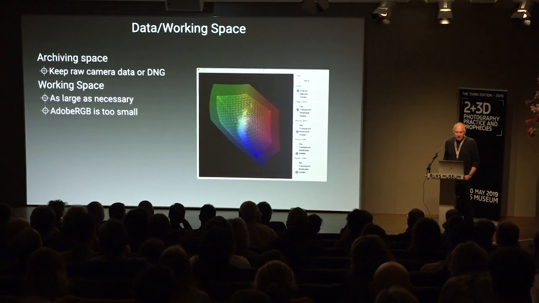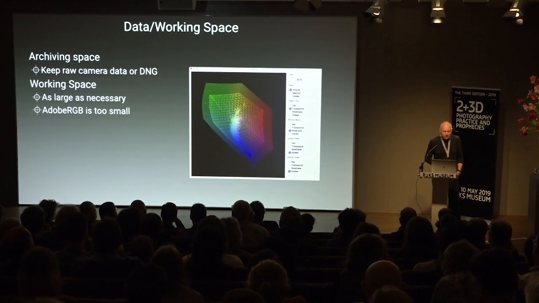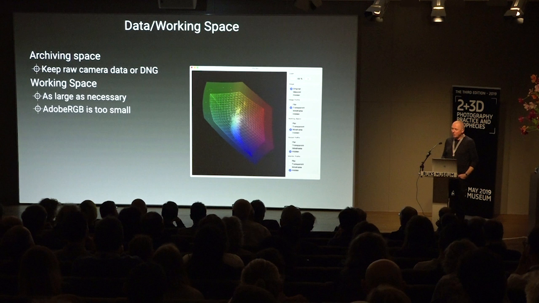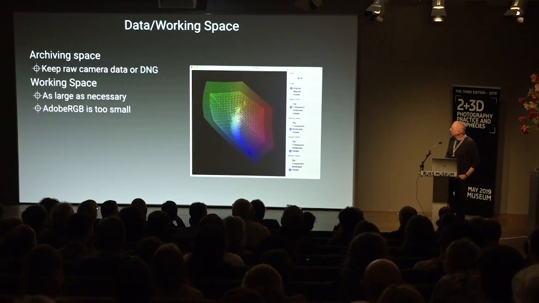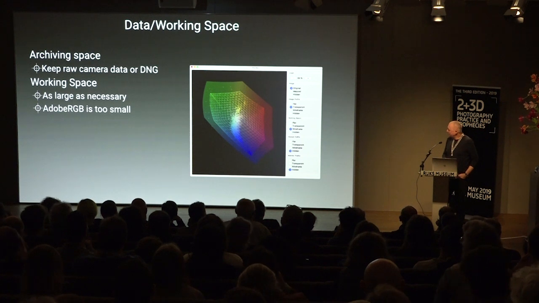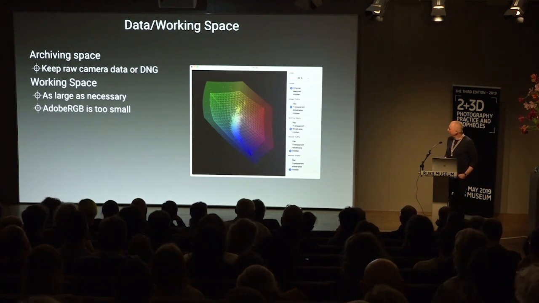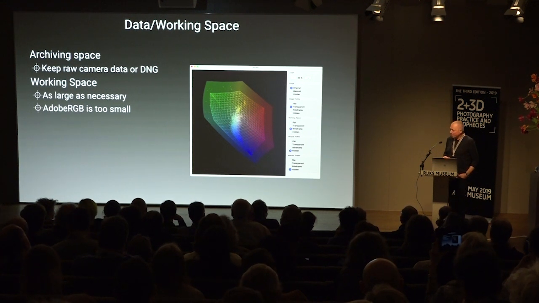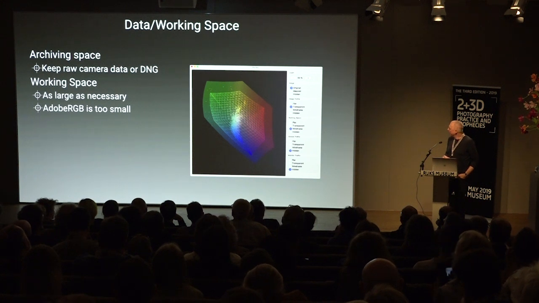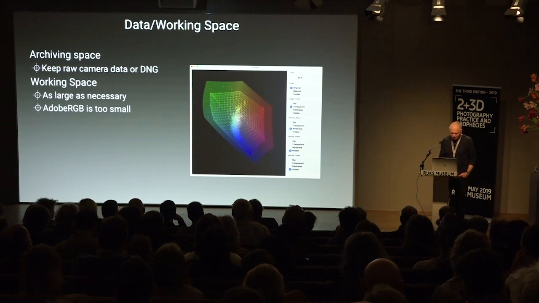So the working space should be as large as necessary, and Adobe RGB, which is commonly used, is definitely not big enough. What you see here is some colors, or all the colors, that are in this image, and some of them are outside the Adobe RGB color space, as you can see here.